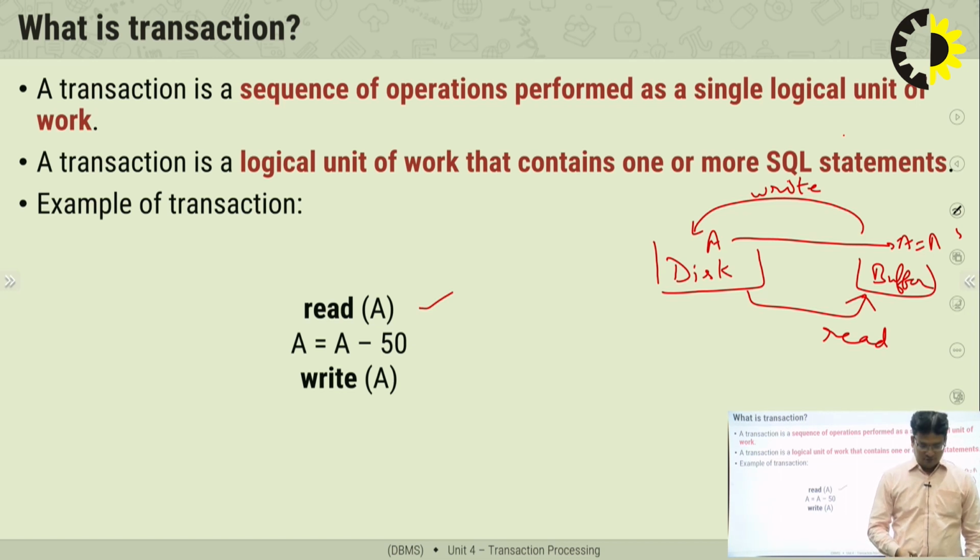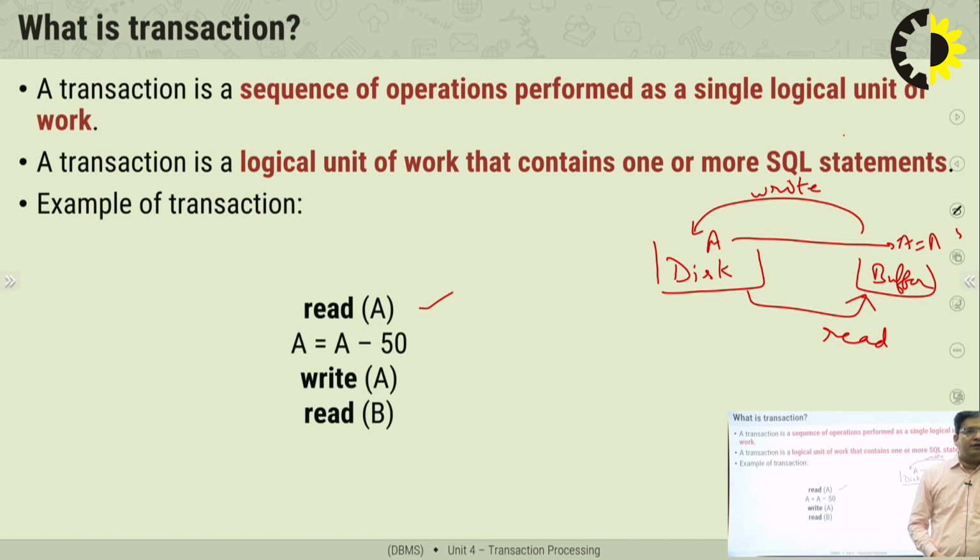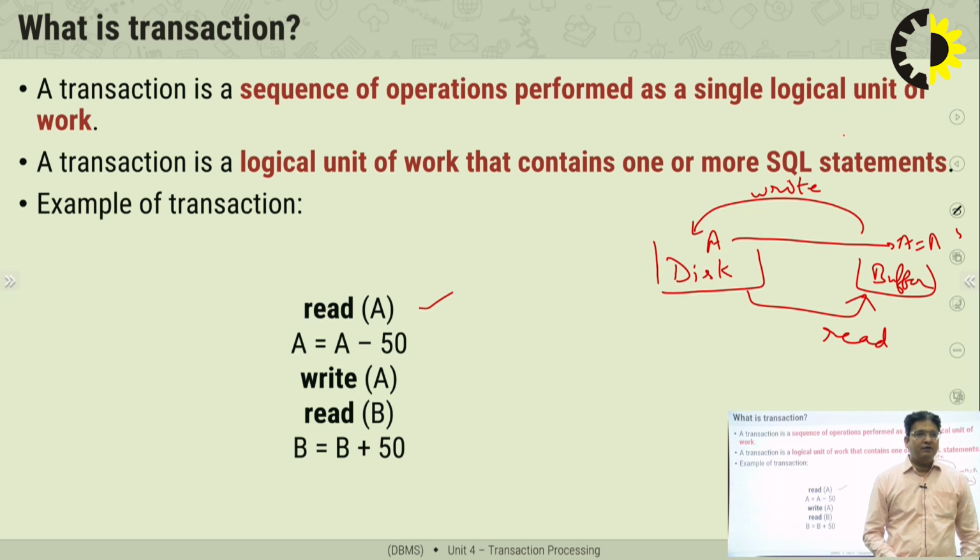Then next, we are also reading the value of another data item B. Then we are transferring 50 amount from A to B, so it will be B plus 50. Thereafter the write B command is being executed. Why?